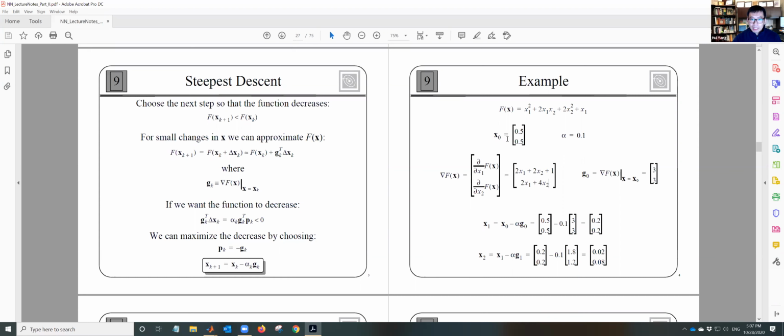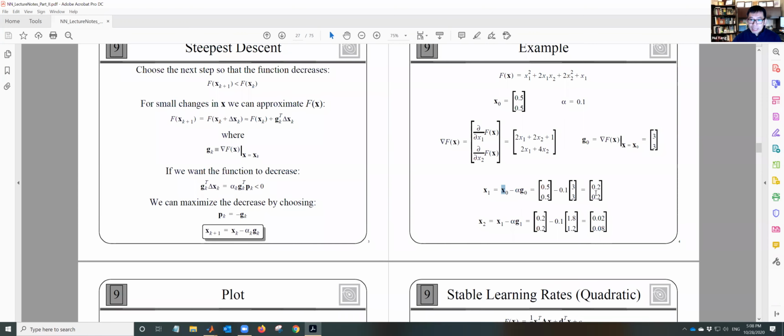This is our initial location. From this location, we want to search for x1. x1 equals x0 minus alpha, our learning rate, times g0, the gradient at this particular location. Then we get the new location, 0.2, 0.2.